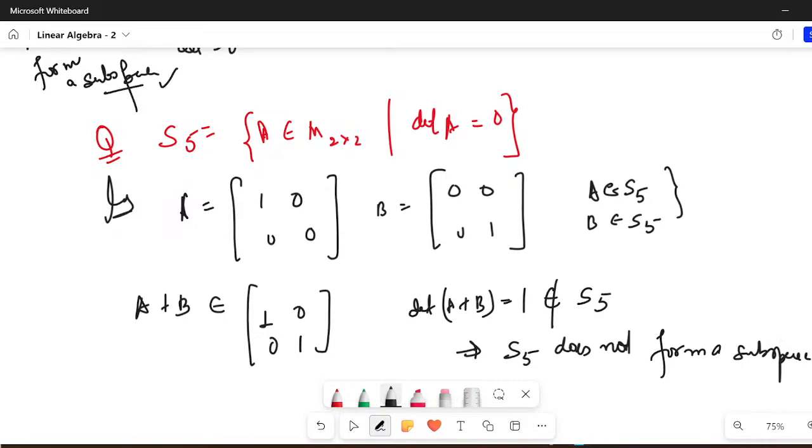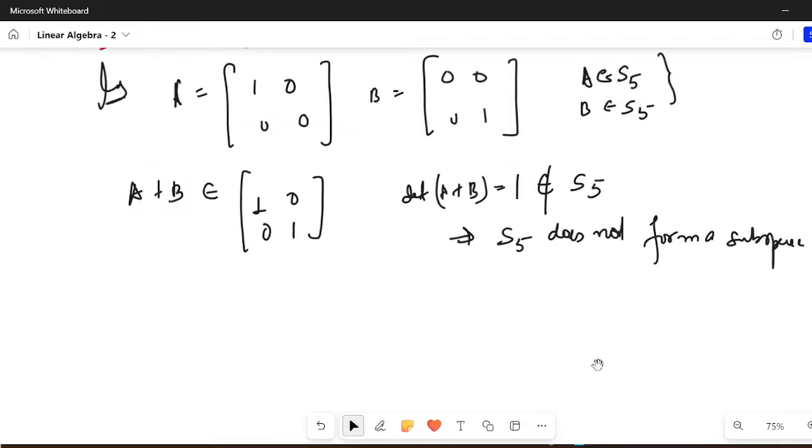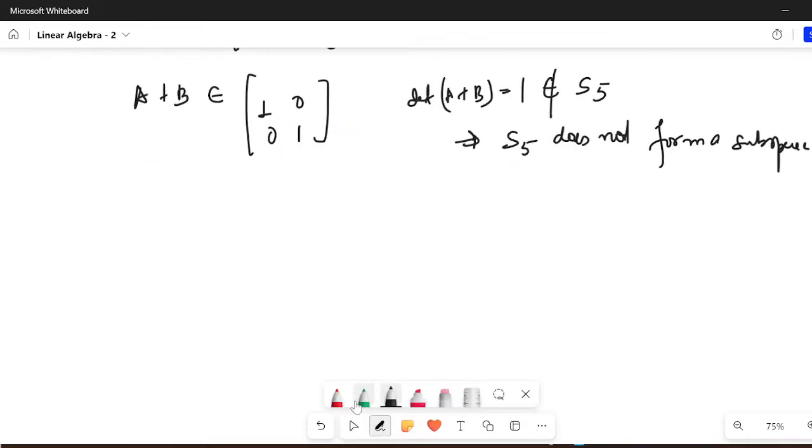Okay, so always remember, I'm writing 2 notes here, small.